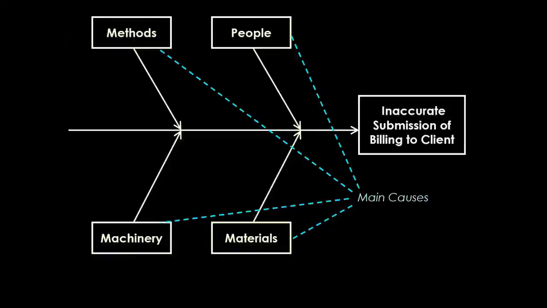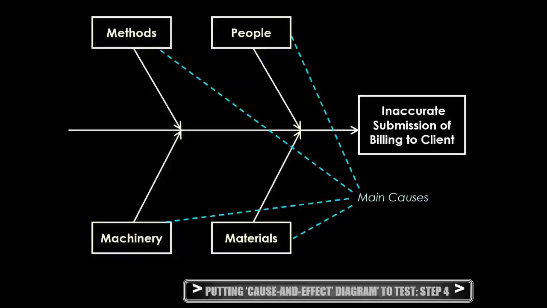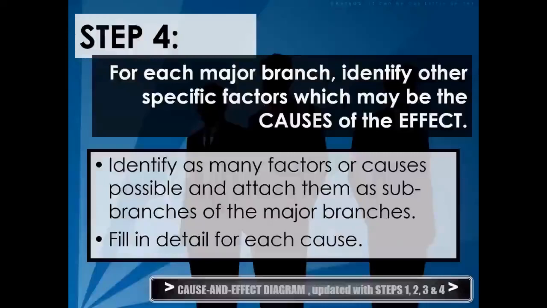Next step. For each major branch, identify other specific factors which may be the causes of the effect. You have already recognized the causes.